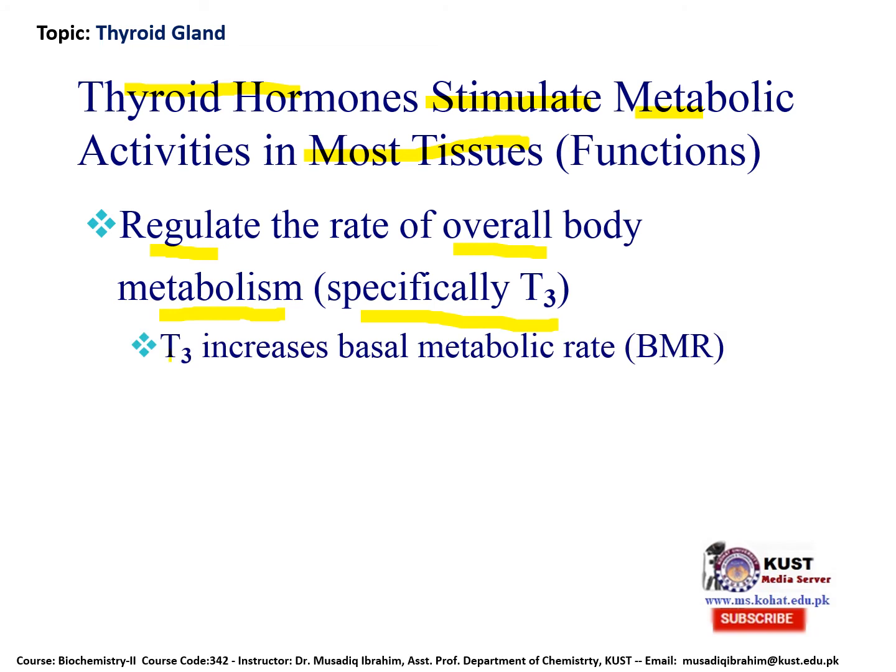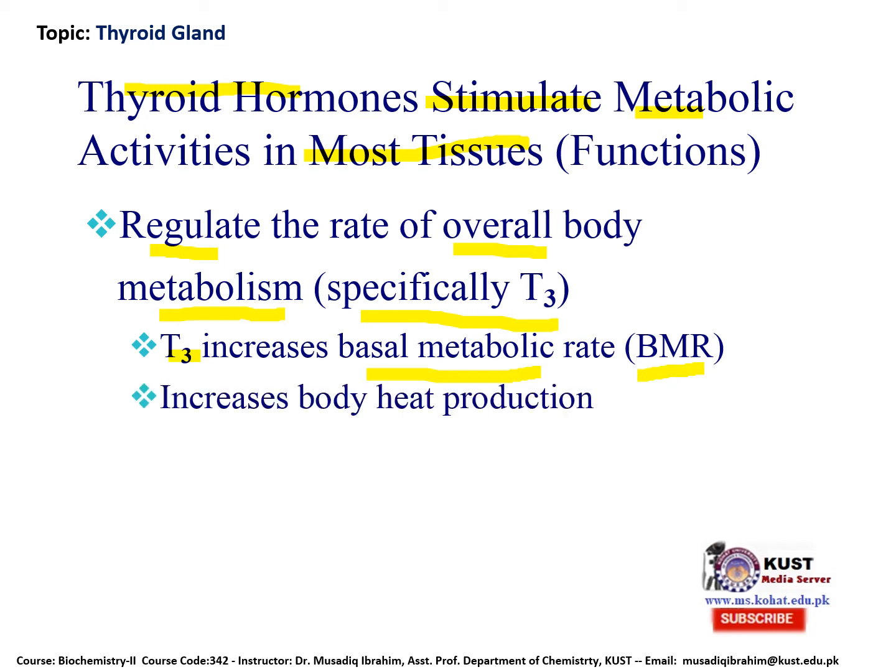Now, T3 also increases the basal metabolic rate, which is also referred to as BMR. One of the functions is to increase body heat production, which normally happens in cold weather or cold conditions.